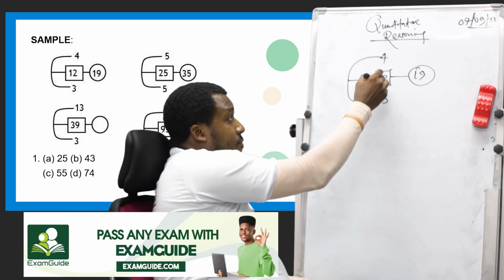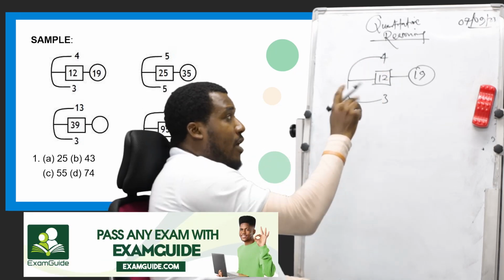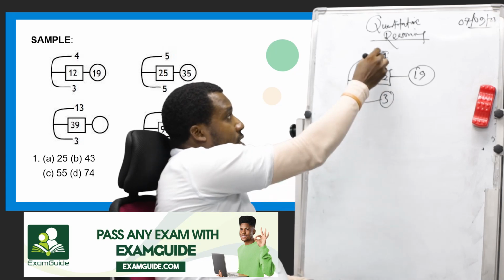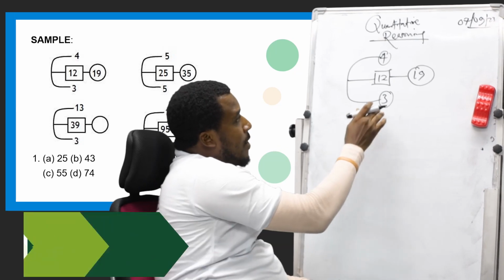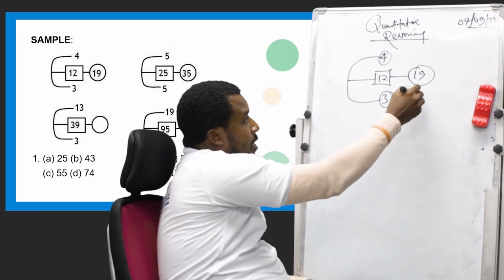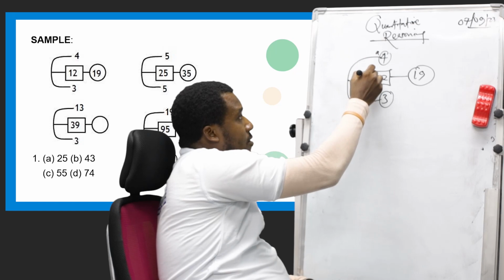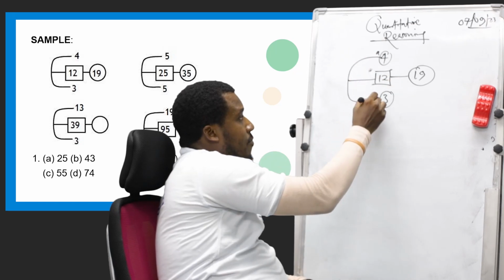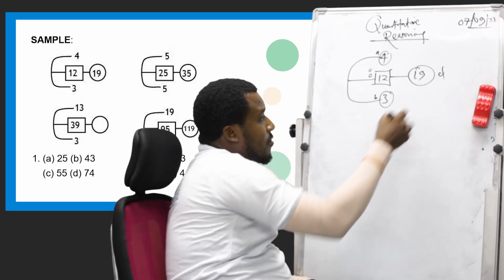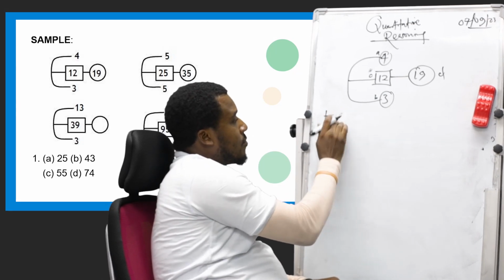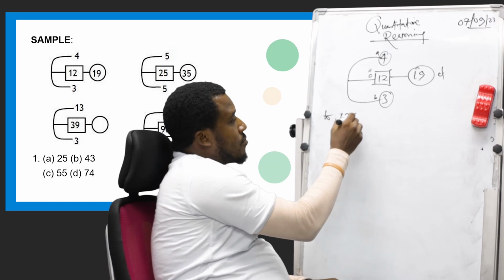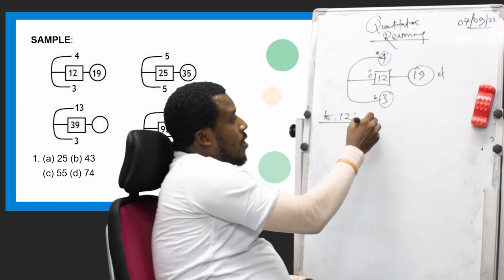To get 12, two ways: multiply this with this, 4 times 3. Okay, let's give them a letter so they will know each of them. Let's call this one A, B, C, and then D. Now to get 12, do this.